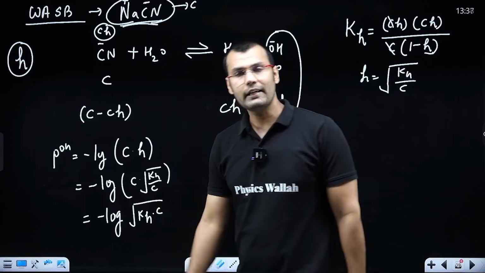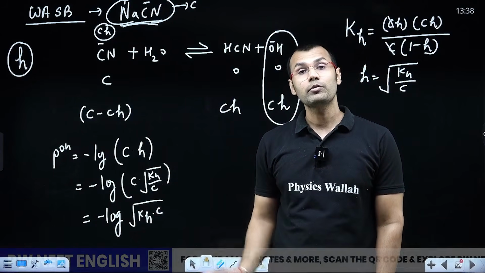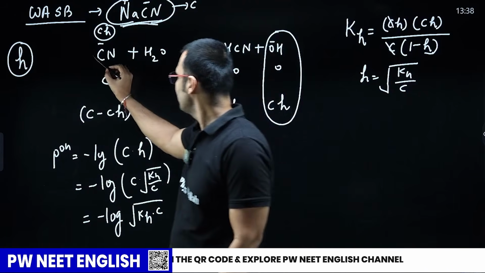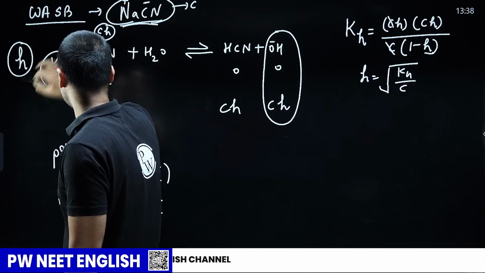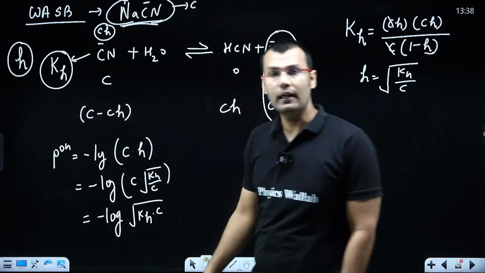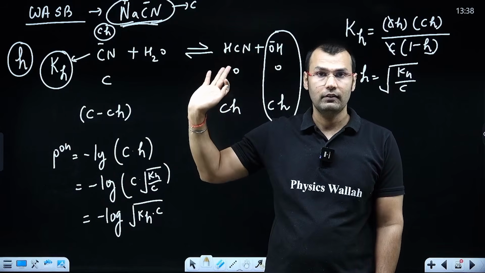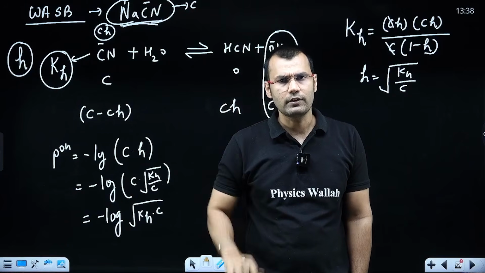Correct? Not only that, this Kh can be written in terms of Kw and Ka. For this reaction, the constant you get is called Kh, this hydrolysis constant. In this case, you have HCN, a weak acid, so for HCN separately you can write the expression of Ka. Ka of HCN will be concentration of H plus into CN minus upon concentration of HCN.